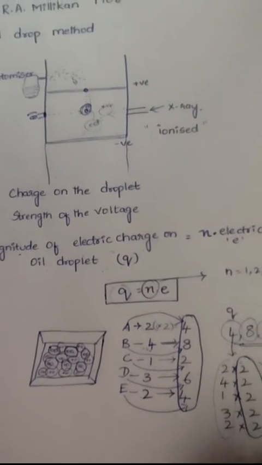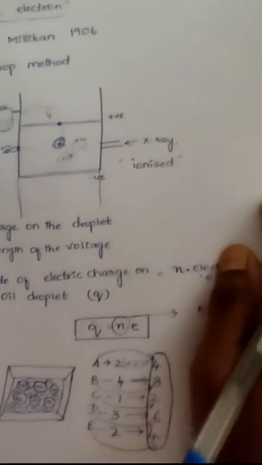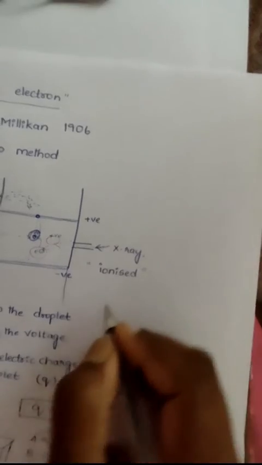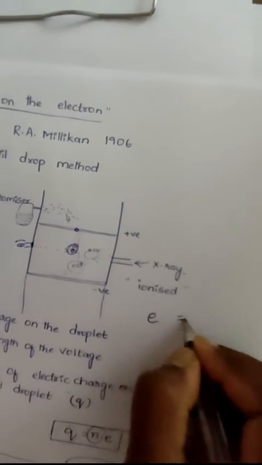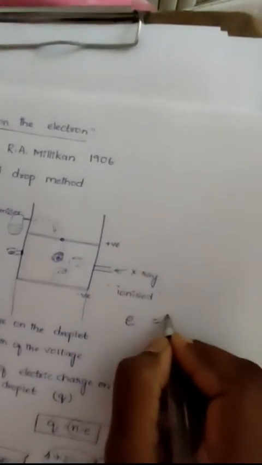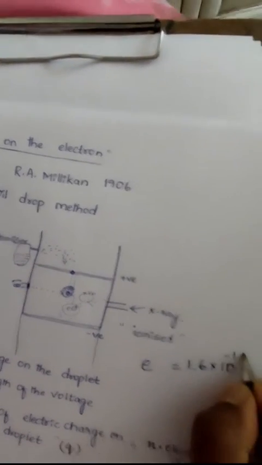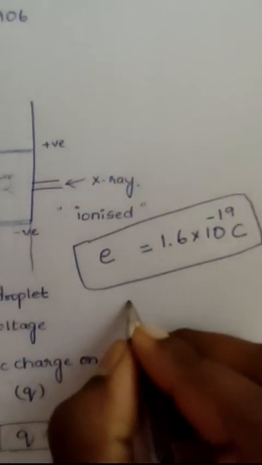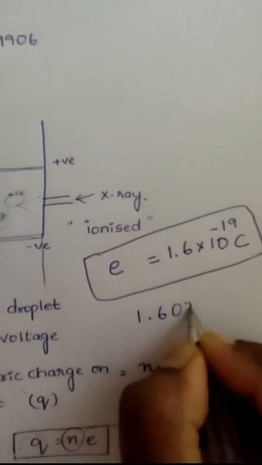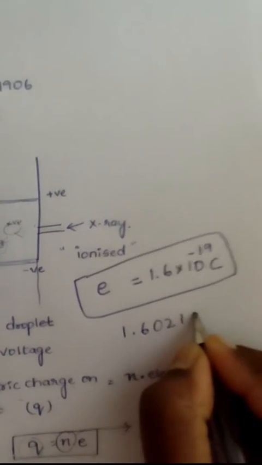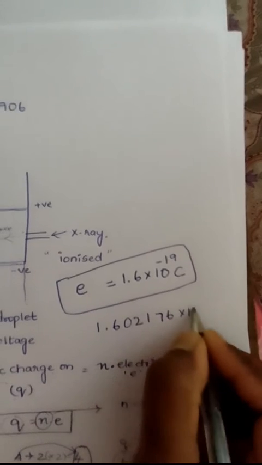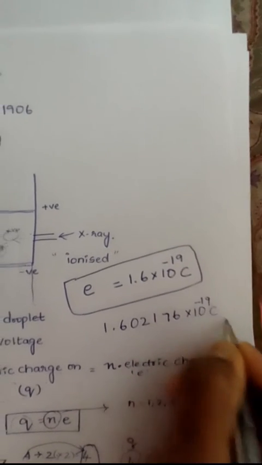This was discovered by Millikan, and the charge of the electron E is equal to 1.6 into 10 power minus 19 coulombs. The present, accurate value is 1.602176 into 10 power minus 19 coulombs.